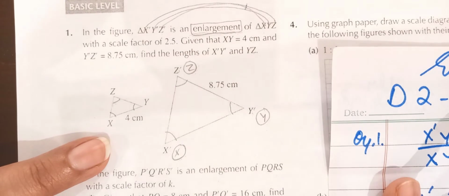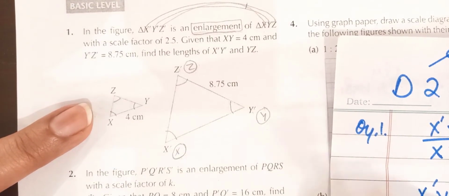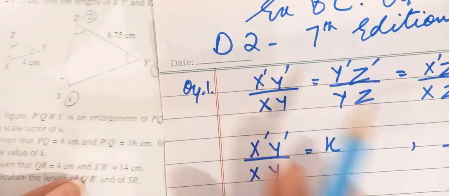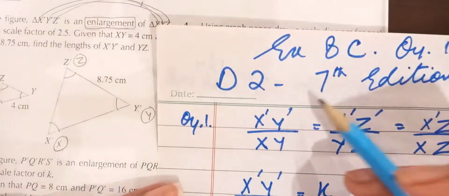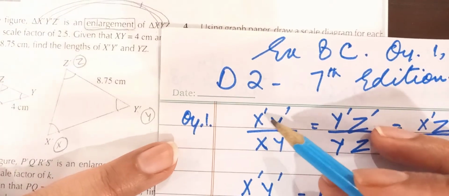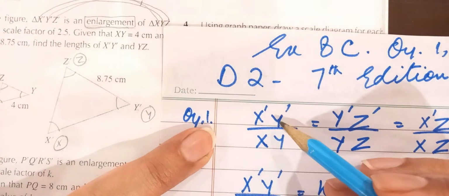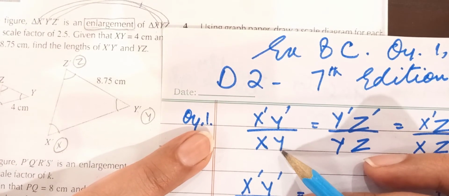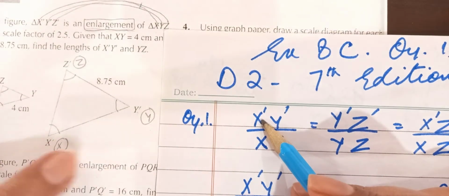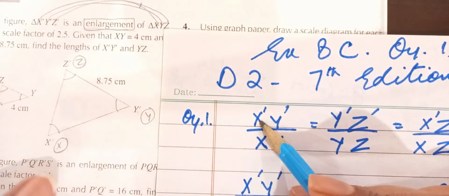So how are we going to show that they are proportional? We should write like this. It is advisable to write the enlarged lengths in the numerator and the smaller lengths in the denominator. So x dash y dash corresponds to xy.